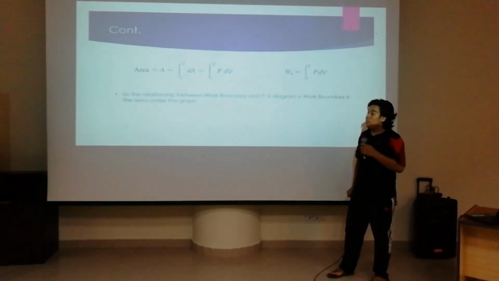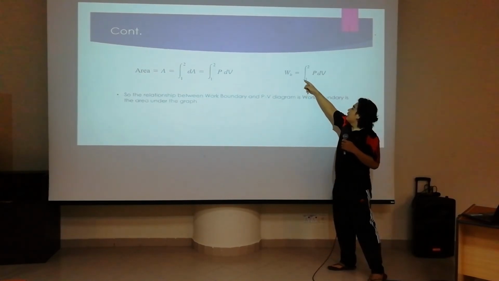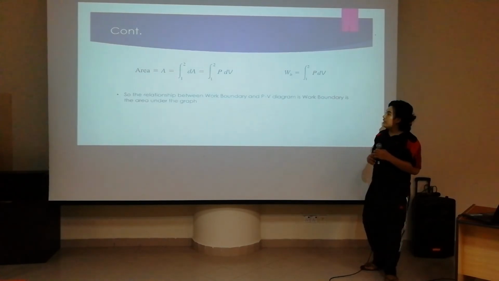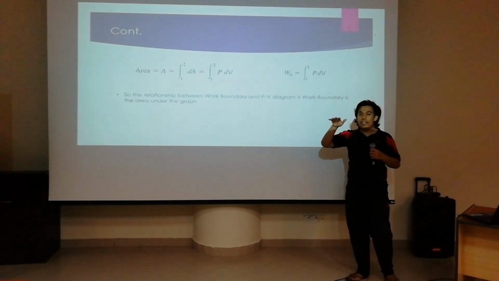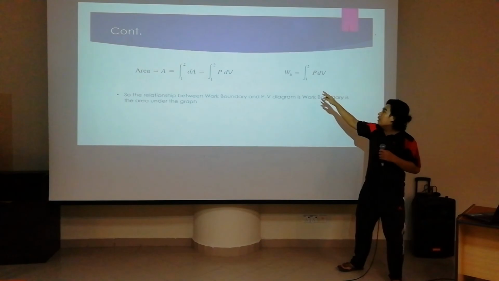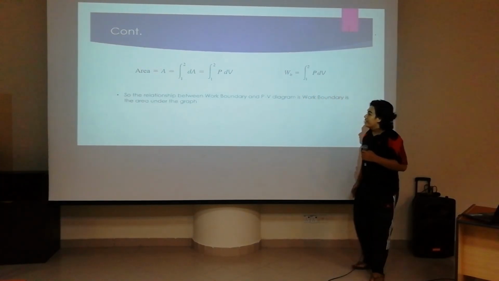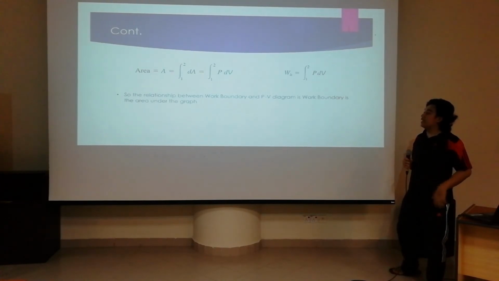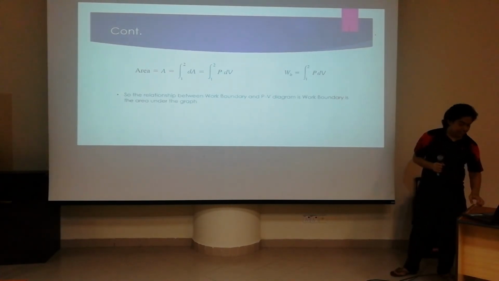So WB is equal to the integration of P dV. That means the area under the graph of the PV diagram is the boundary work itself. So the relationship between the boundary work and the PV diagram is that the boundary work is the area under the graph.